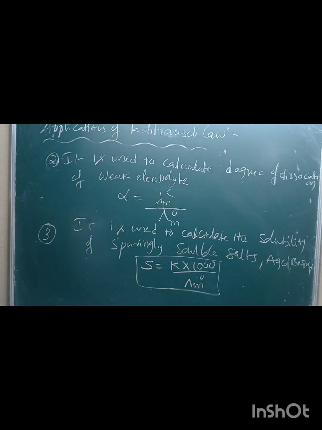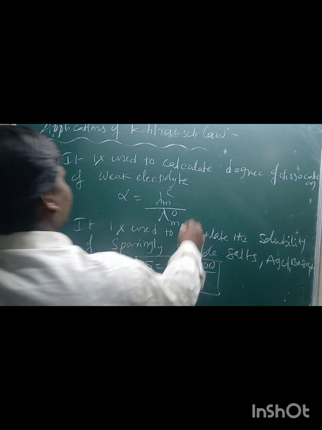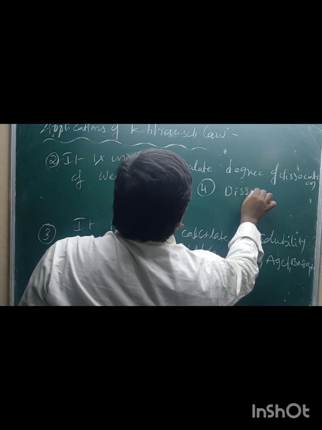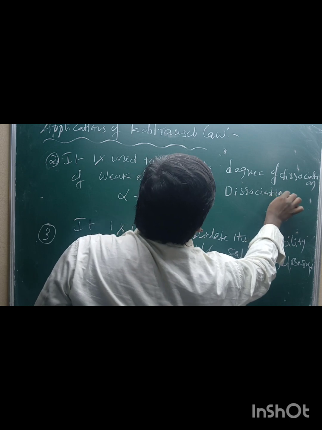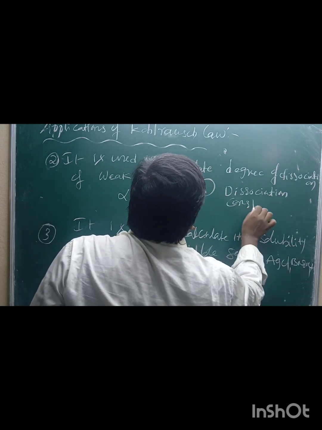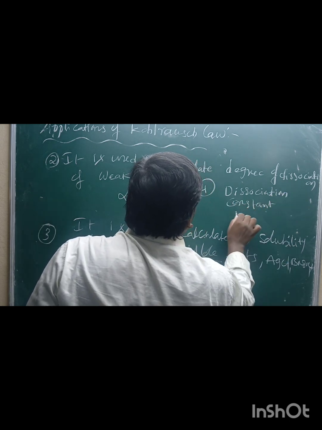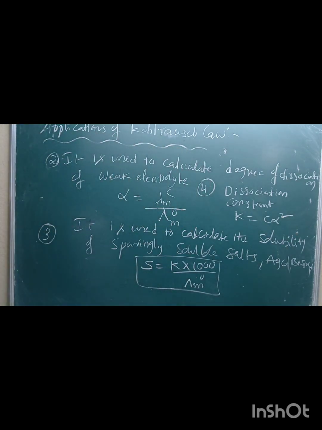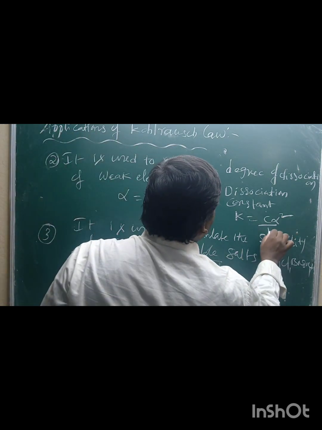And finally, it is useful to calculate the dissociation constant of a weak electrolyte. The fourth one is it is used to calculate the dissociation constant K is equal to C alpha square by 1 minus alpha.